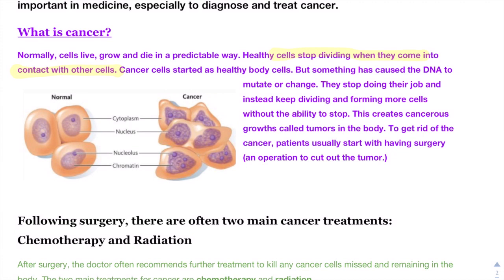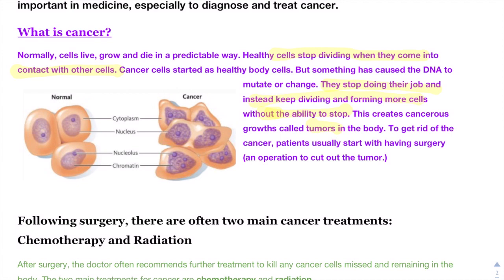They stop doing their job and instead keep dividing and forming more cells without the ability to stop. This creates cancerous growths called tumors in the body. To get rid of the cancer, patients usually start with having surgery, an operation to cut out the tumor.